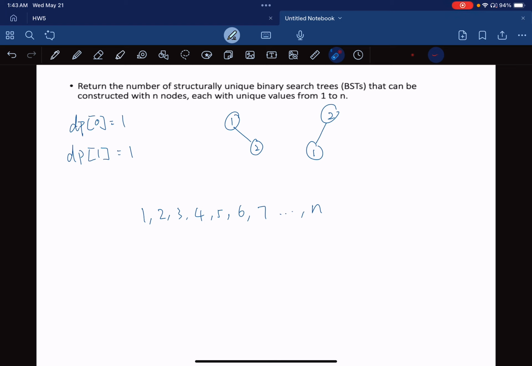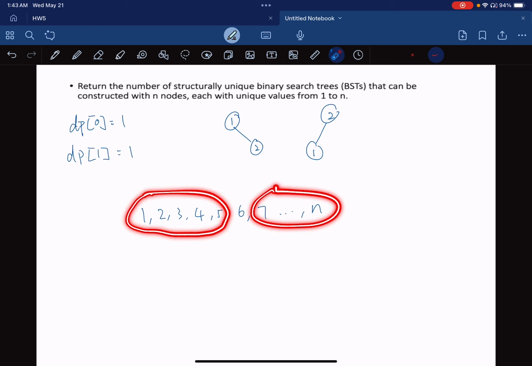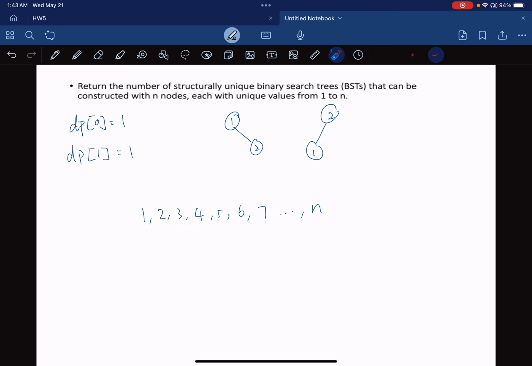That's basically the whole idea of dynamic programming. After we find the number of BSTs on the left and the number on the right, we multiply them together, because by the multiplication principle, the total number of possibilities is the number from the left times the number from the right.